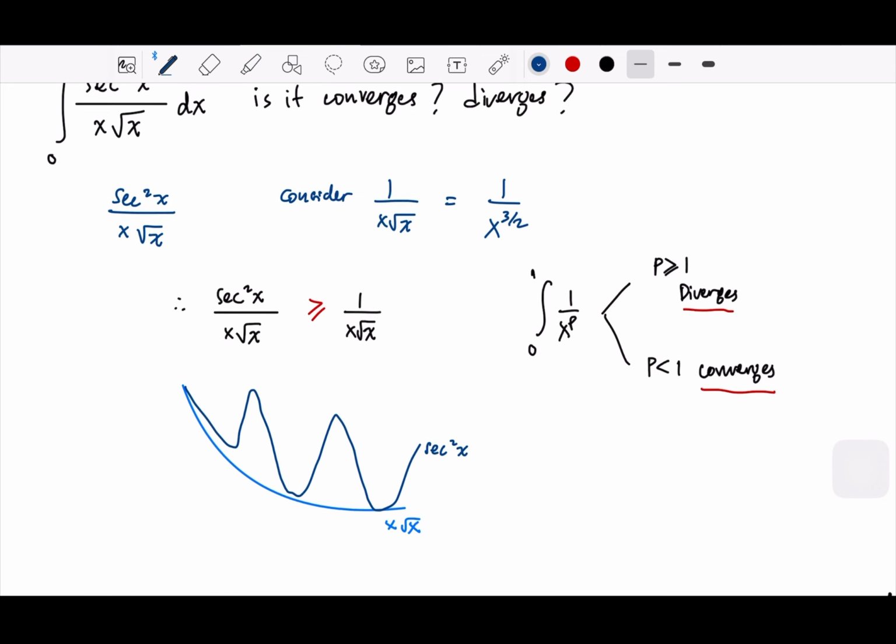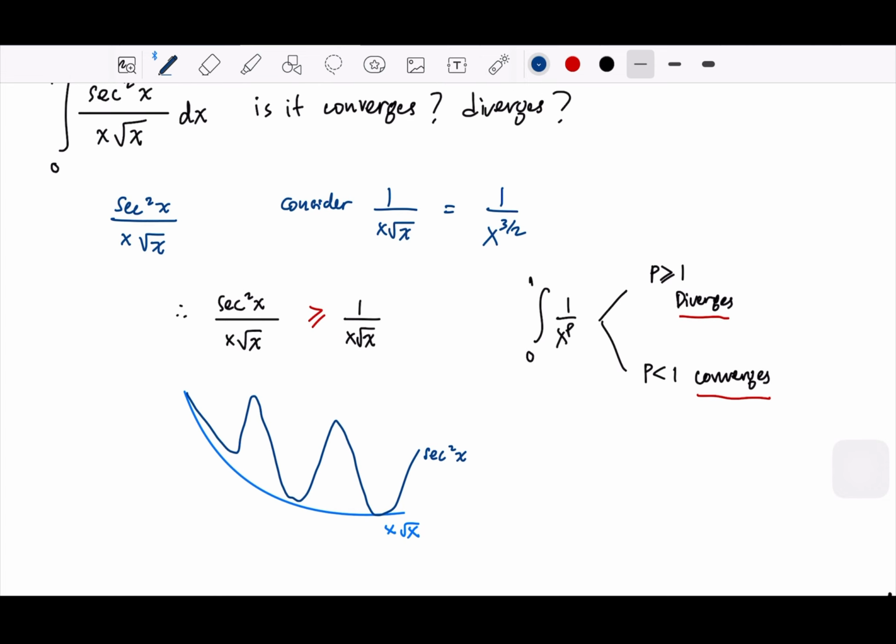So as long as you can prove the inequality, and then you can also find another comparison that's easy to evaluate as an improper integral, you can try this method, the comparison test.